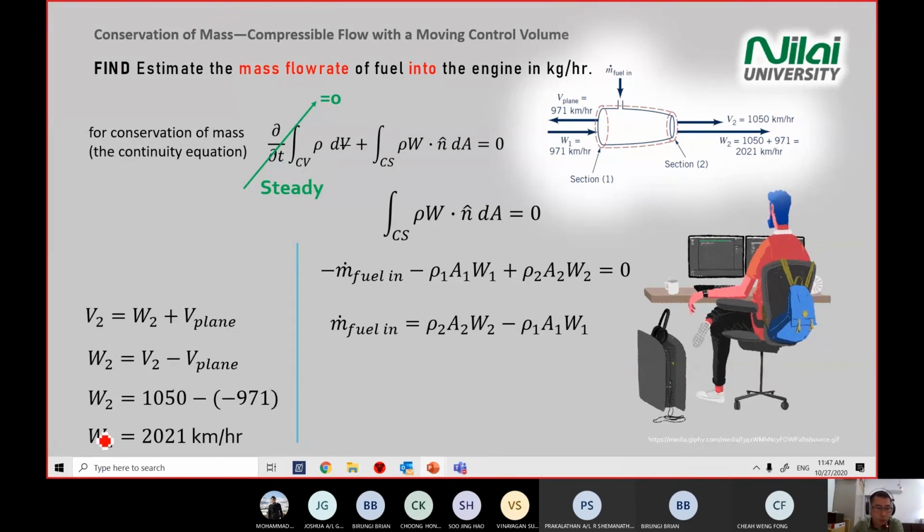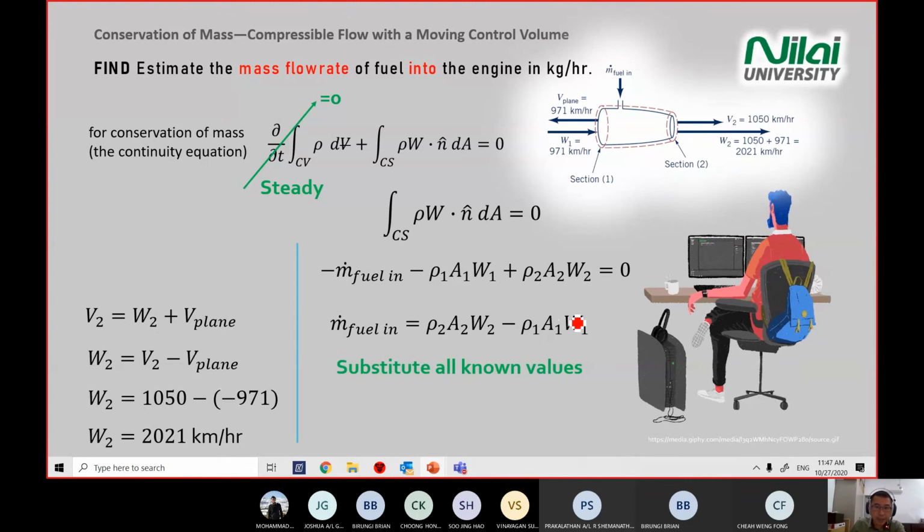So W2 again is relative. You get 2021, like what you see on the diagram here. Of course, in the exam, you won't see the W1 component here. You need to draw this diagram up. So have a clear picture of what is V, what is W, what is VCV. You have to differentiate between these three vectors.